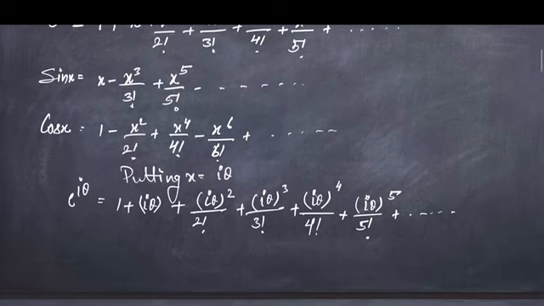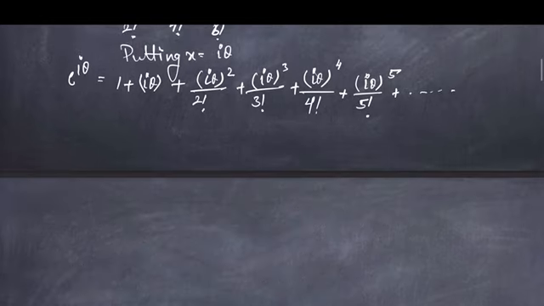Now before solving the powers of iota, we need to know the values of the powers of iota. Here these are the values of the powers of iota. Iota to the power 1 equals iota.